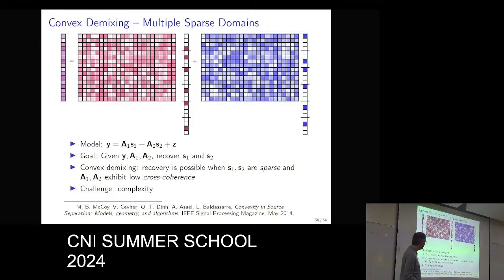Some people were asking me about connections between AMP and alternating projections or ADMM, but here the story is slightly simpler. Suppose you have two users, and they're known users. They're going to use different codebooks. So this is going to be one random matrix, and this is going to be the other random matrix.